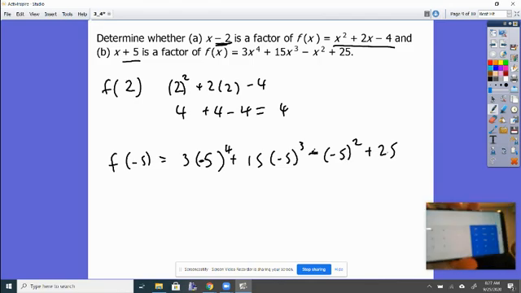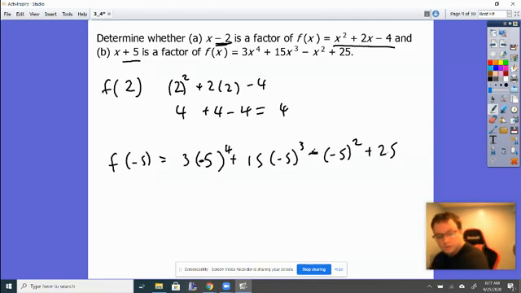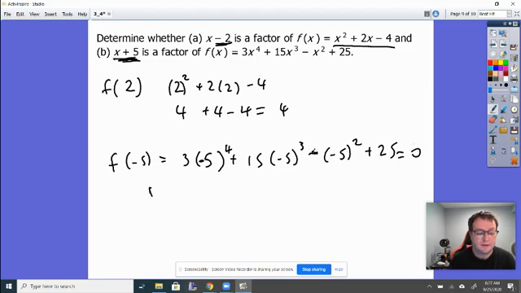Okay, so since I got 0 this time, that means that this is a factor. So for this one, it is a yes. For the first one, it was a no.